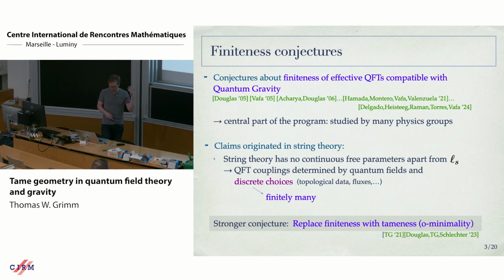Now, what I suggested some years ago is that one should replace the finiteness statements with a tameness statement, because this would be a much stronger assertion. It would even talk to the symmetries, as we discussed in the previous slide, and make this into a much more powerful statement.